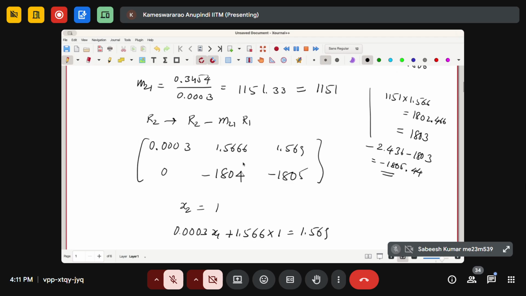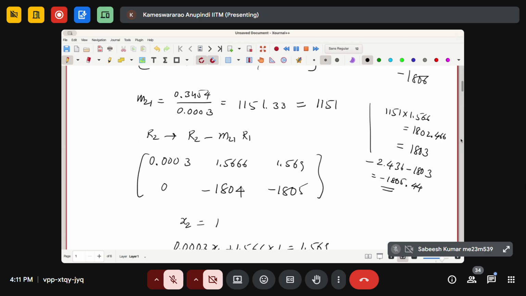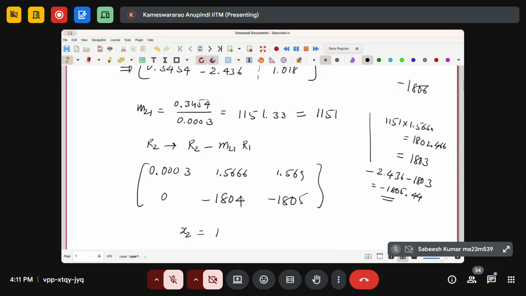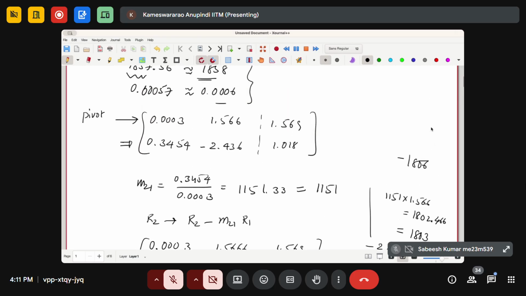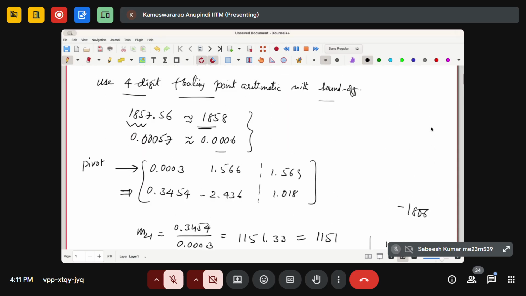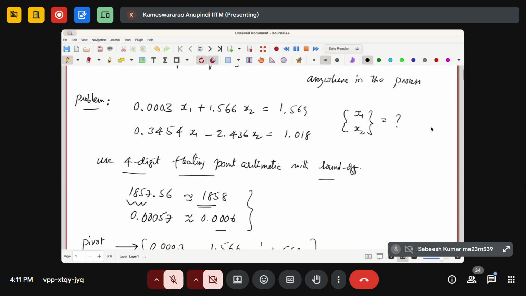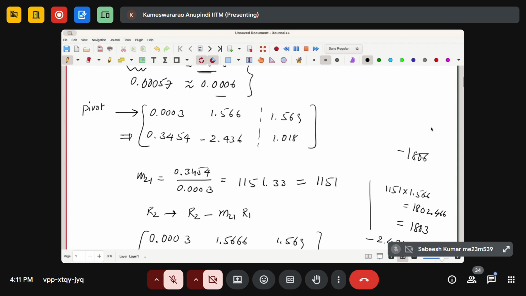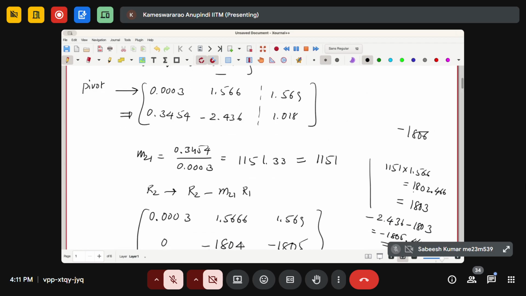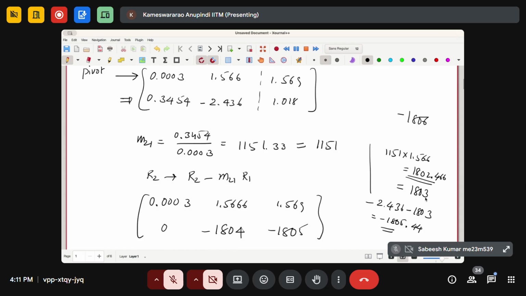Maybe I made a mistake somewhere here. Let me check. 1151 is what I have, and 1.566. Okay, that's correct. So how much will this be? Minus 1802.466.